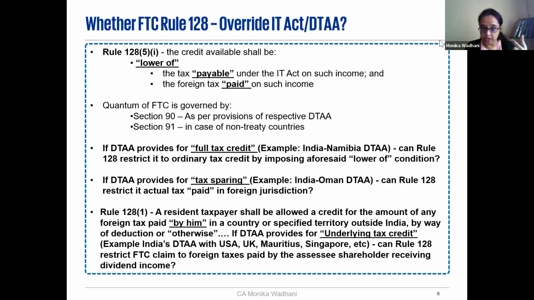So whether, if the DTA provides for the full tax credit, Rule 128 can restrict it to ordinary tax credit by imposing the condition of lower of, as mentioned above.